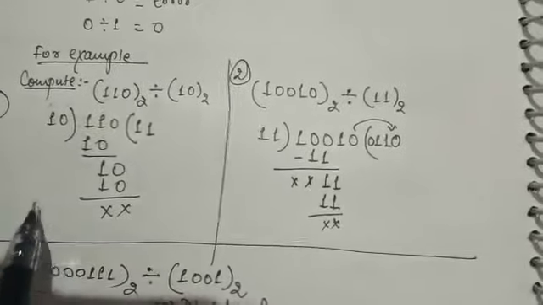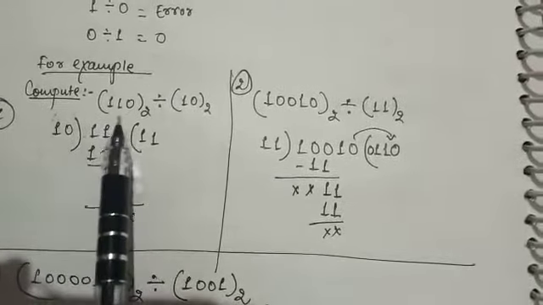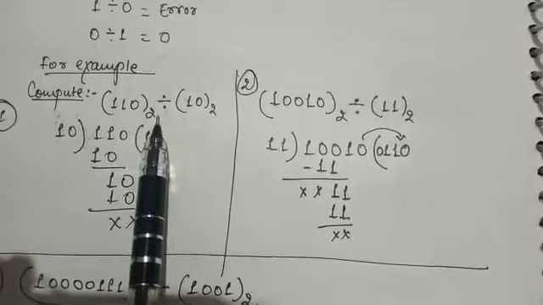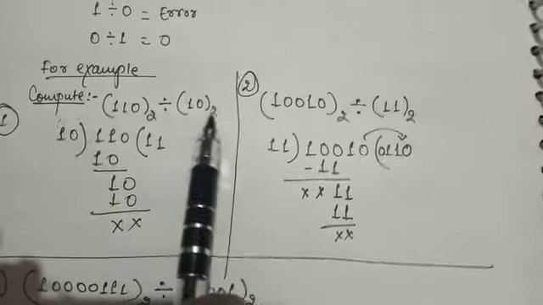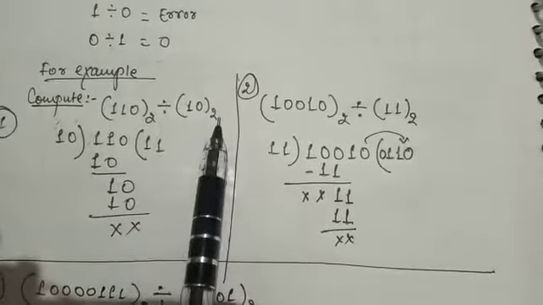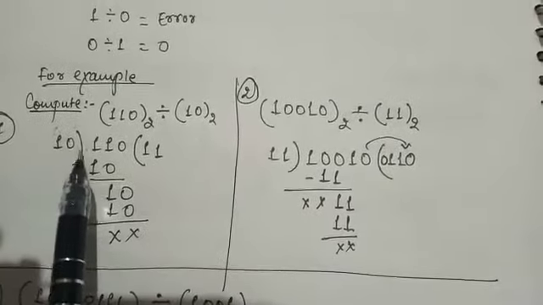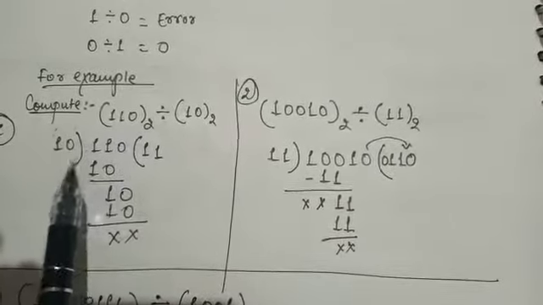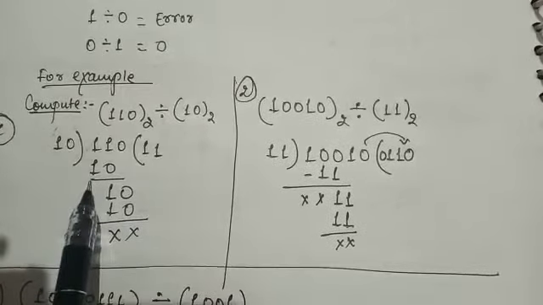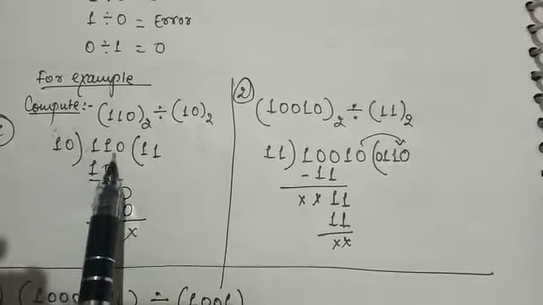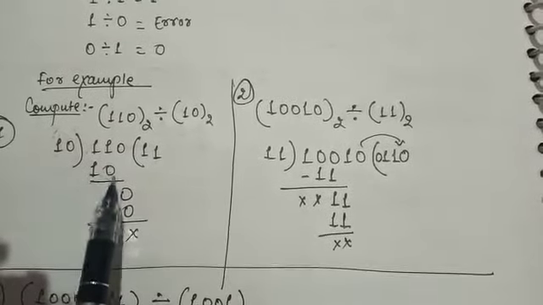Here is an example. It is a simple division process example. First we take 110, which is a binary format number, and we divide it by 10, which is also in binary format because the base carries on. 110 is divided by 10. So the first time the division can be performed because the first digits are 11 and the divisor is 10.